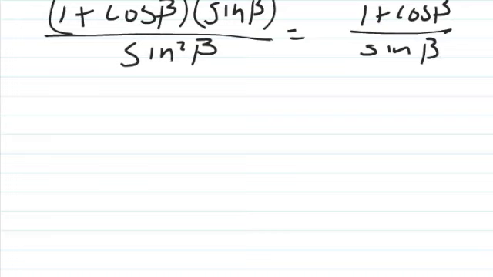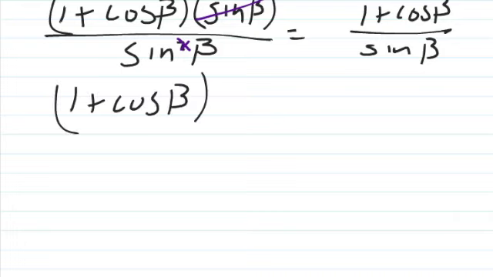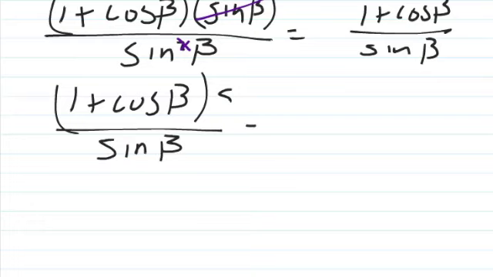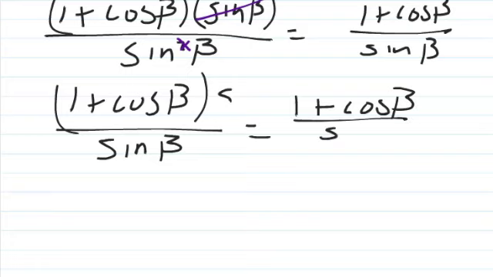Well, but we have sine beta there and sine squared beta here, so we can cancel, and what we're left with is 1 plus cosine beta over sine of beta is equal to 1 plus cosine beta over sine beta. So now we have the same thing on both sides, so we have proved that identity. Again, all we had to do was get that Pythagorean form in the denominator.